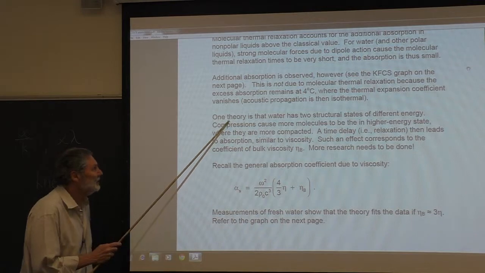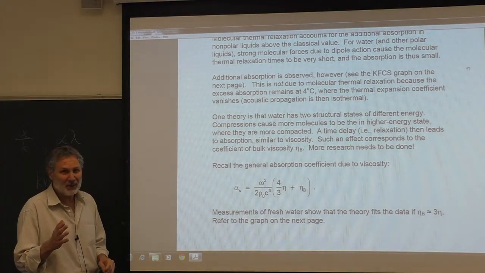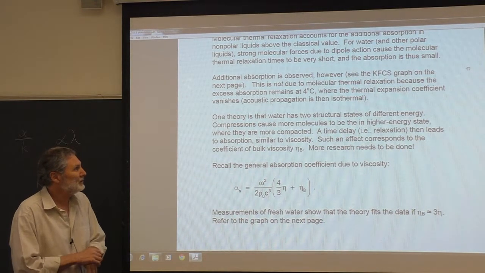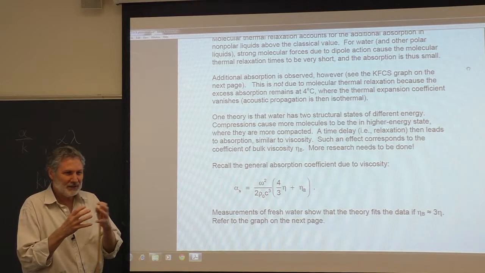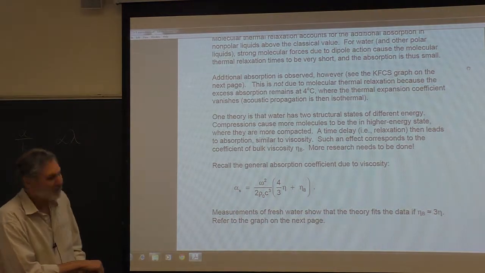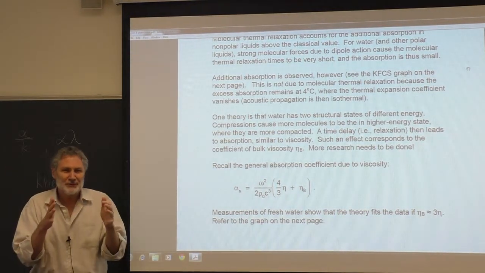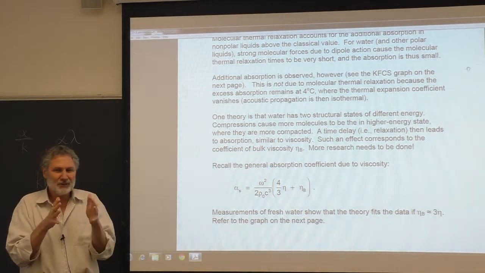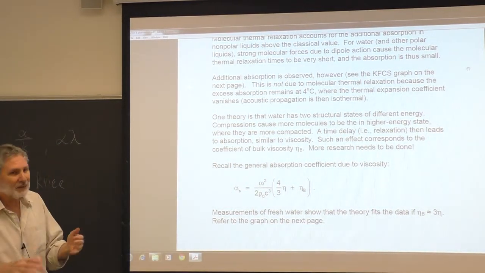Here's the idea. Well, this is the hypothesis, okay? Water has 2 different types of structures that you can physically identify. And these 2 structures have different energy states. So when you pressurize water, it tends to go into one state, the higher energy state.